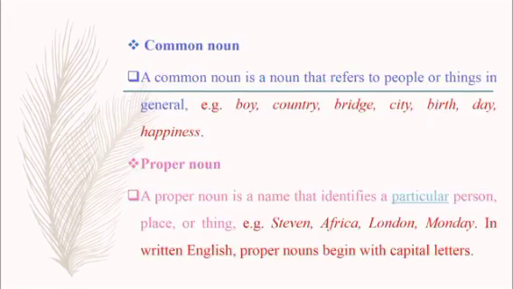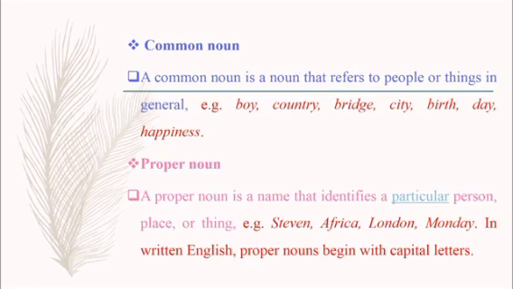First, let's see about common noun. A common noun is a noun that refers to people or things in general. Examples: boy, country, bridge, city, birth, day, happiness. Next, we are going to see proper noun.